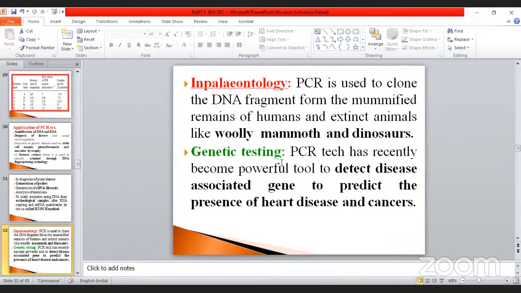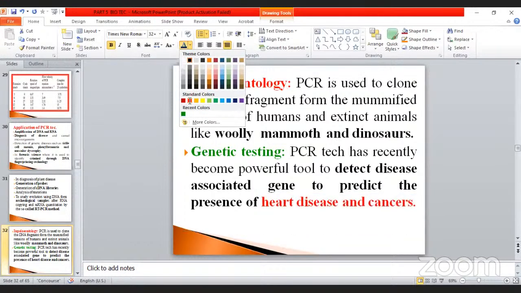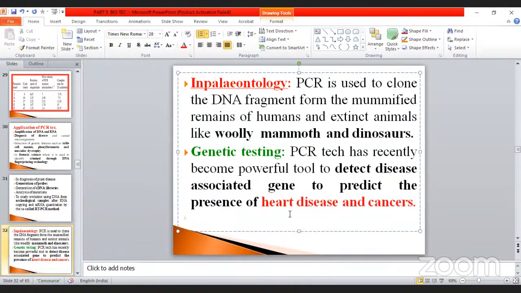And then genetic testing. The PCR technique has recently become a powerful tool to detect disease-associated genes, to predict the presence of heart disease and cancer. This is a milestone of recent technology. Which gene is responsible for heart attack?